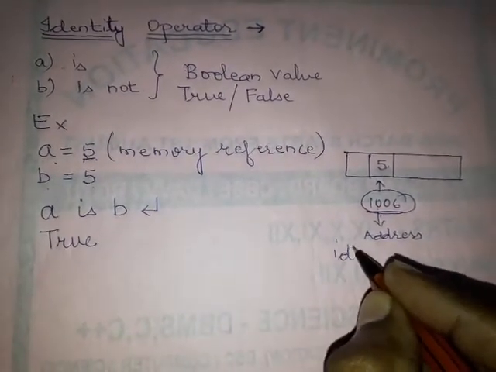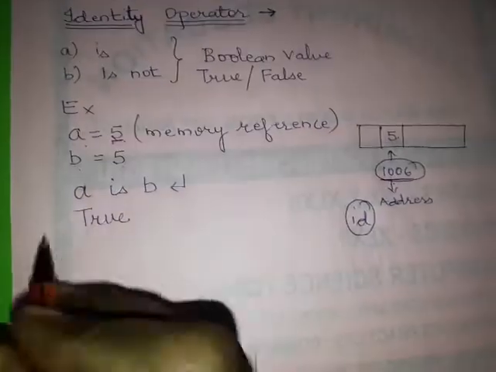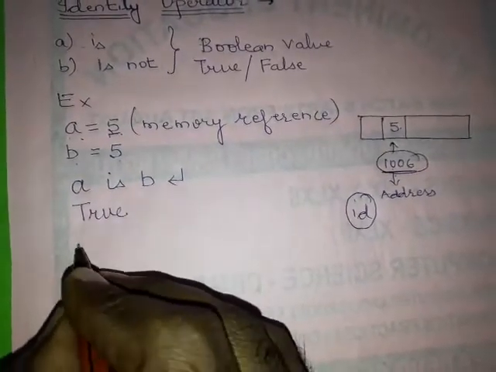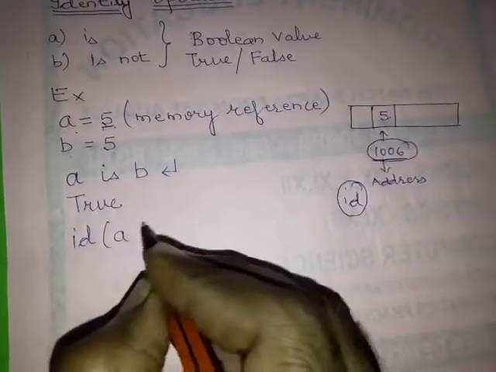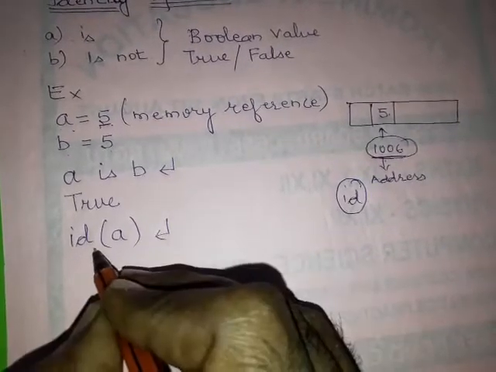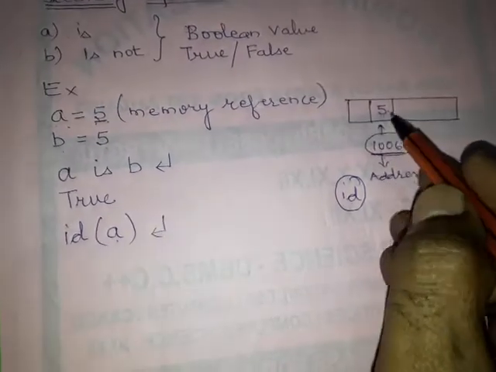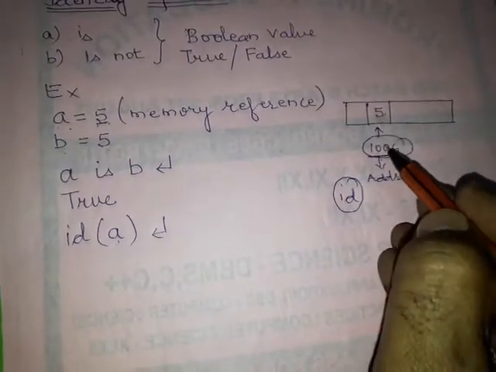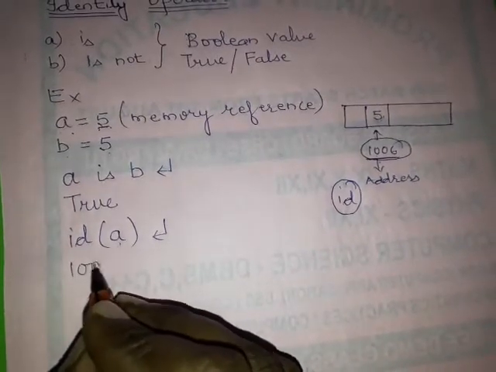If I write id, bracket open, and then a, and press enter, it will give the address of that 5. It will give 1006.